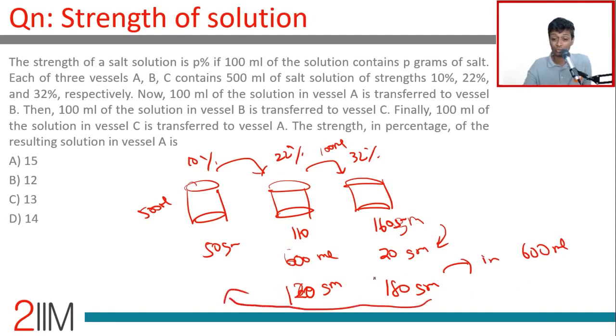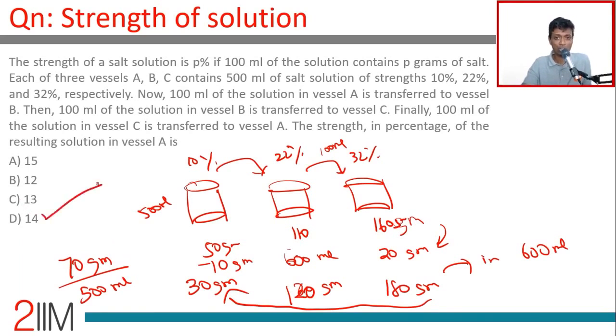That will be 1/6 of this, or 30 grams get added back. So our solution A, 50 grams, we lost 10 grams because that's what we transferred here, and gained 30 grams because that's what we got back from there. 50 minus 10 is 40, 40 plus 30 is 70. So 70 grams in 500 ml, or in our definition, this is a 14% solution.